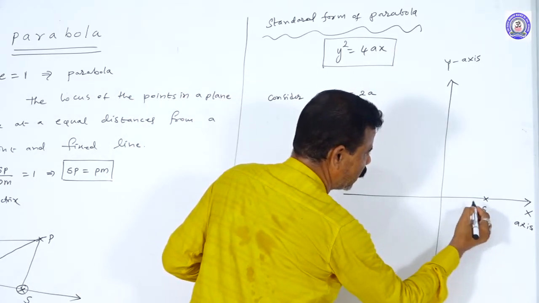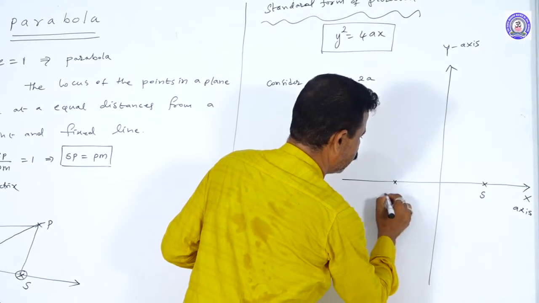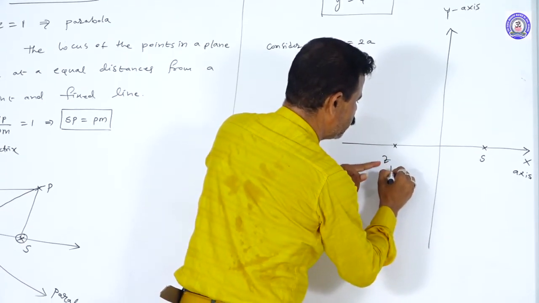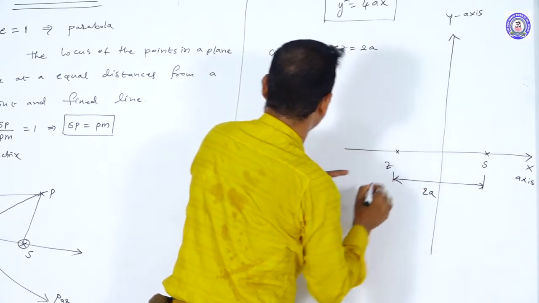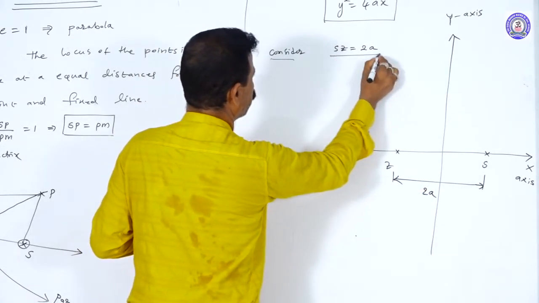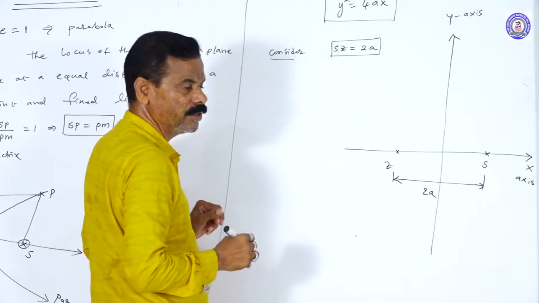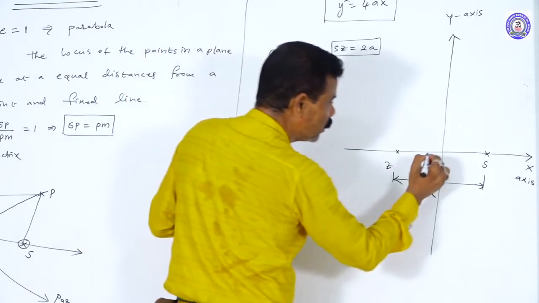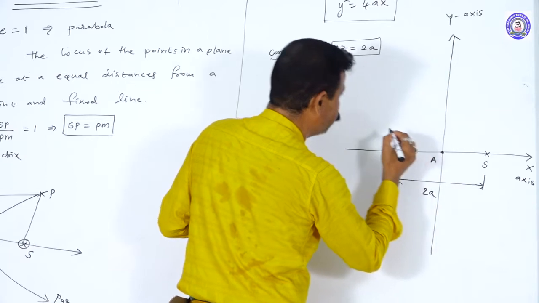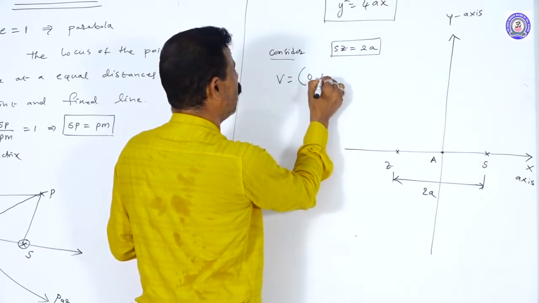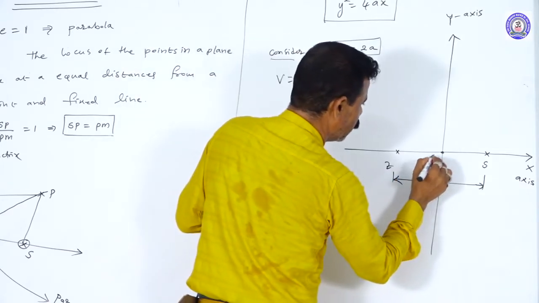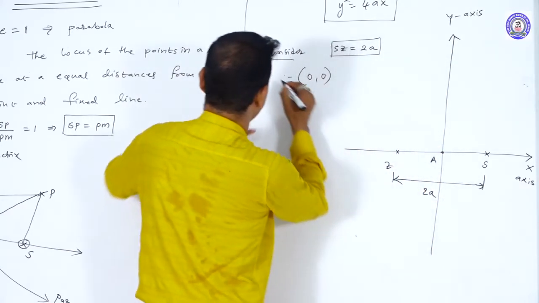Choose your point S here, Z point. So this distance is equal to 2a. Consider SZ is equal to 2a. This is the vertex A. Here vertex is equal to 0, 0. Vertex A.